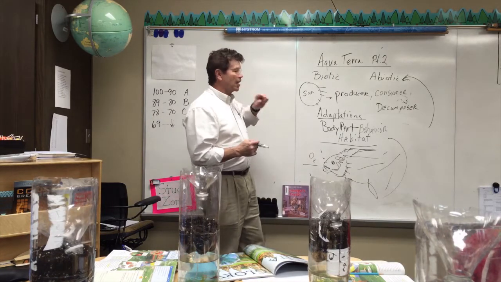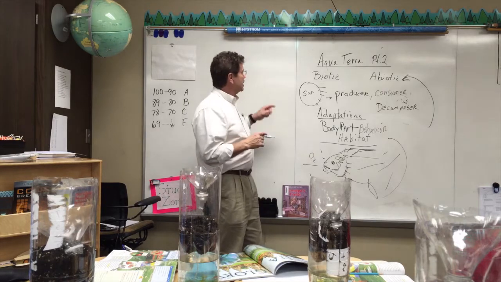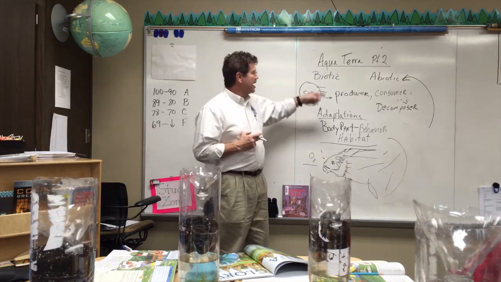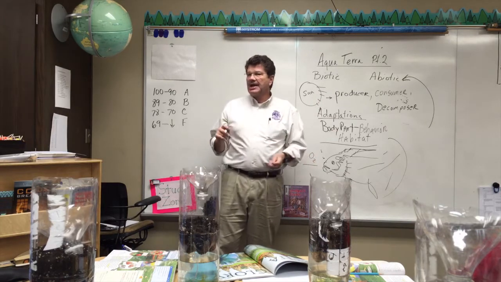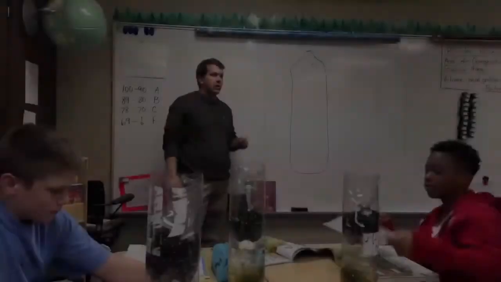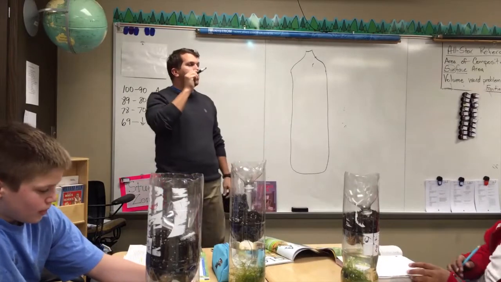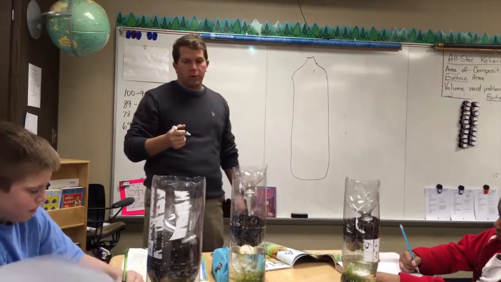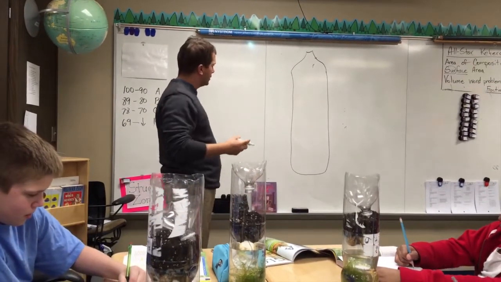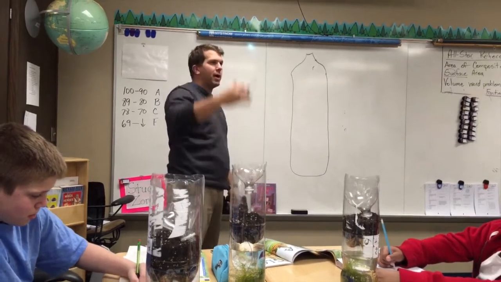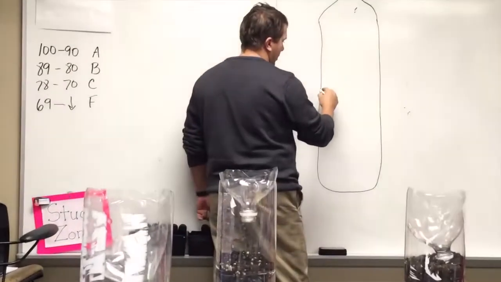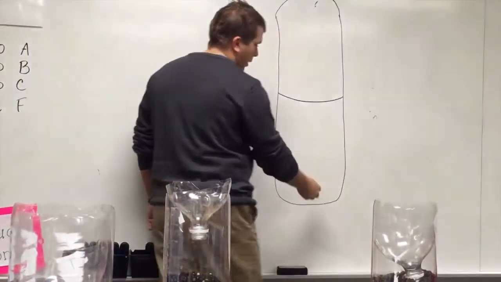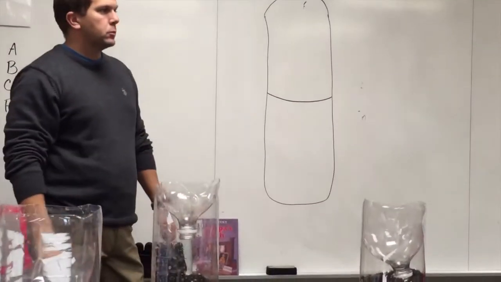So, Mr. Cowley, let me let you talk about biotic, abiotic, producers, consumers, decomposers, adaptations, and body parts. Okay, so we're going to draw and model a diagram of our Aqua Terra column. I know it looks like a really tall 2-liter bottle, okay? And we're going to divide it up into the Terra and our Aqua, okay?